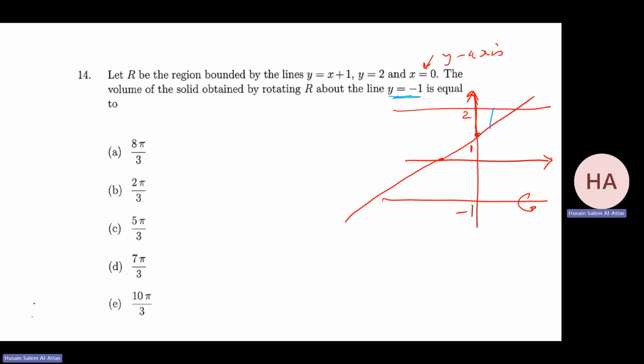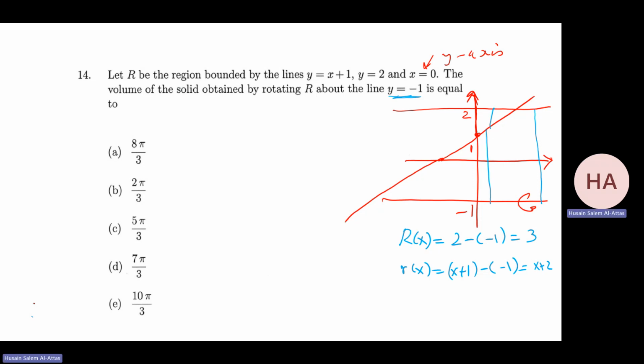Think about it, this one minus this one. So capital R of x is 2 minus minus 1, which is 3. Small r of x, the line, is x plus 1 minus minus 1, so it will be x plus 2.